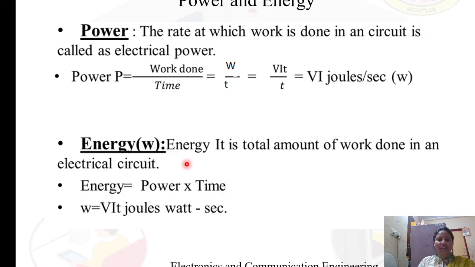Energy can be defined as the total amount of work done in an electrical circuit. The rate at which work is done we call power, and the total amount of work done we call energy. The energy is nothing but VI into T, and the unit of energy is joules or watt second.